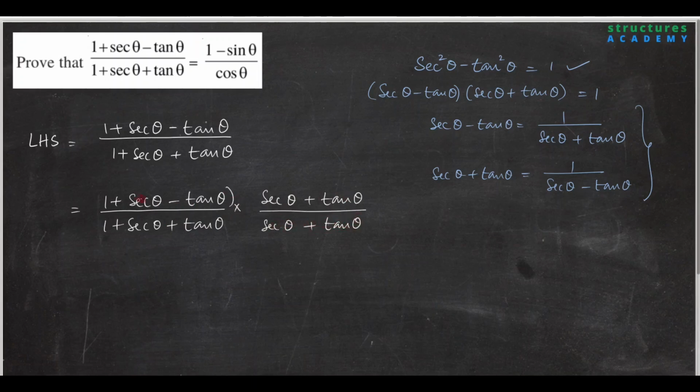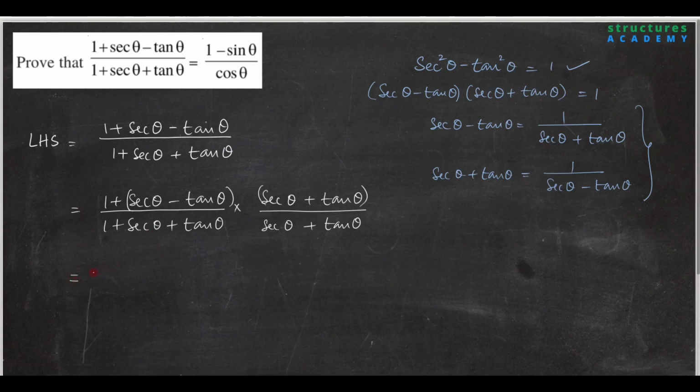Now notice I'm going to multiply this term with 1, then this term with the second term. In the denominator though, I'm not going to multiply these two terms at all. I'm going to keep them just the way they are, and you will realize why in just a couple of steps.